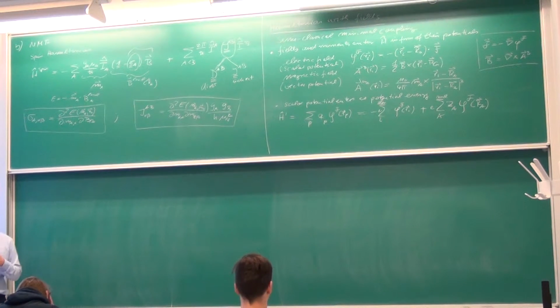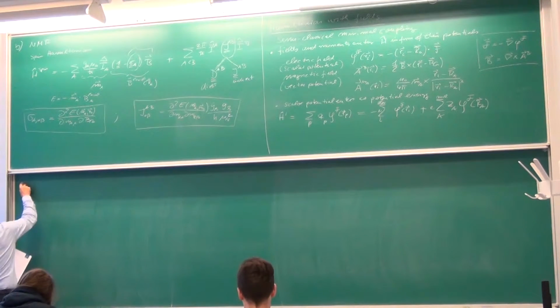One can derive that with classical mechanics. If one uses the Lagrangian formalism, one can derive how the vector potential should enter the Hamiltonian. I'm not going to do that here. I'll just tell you that it enters together with the velocity. If you have charges moving around in a magnetic field, that changes the velocity.